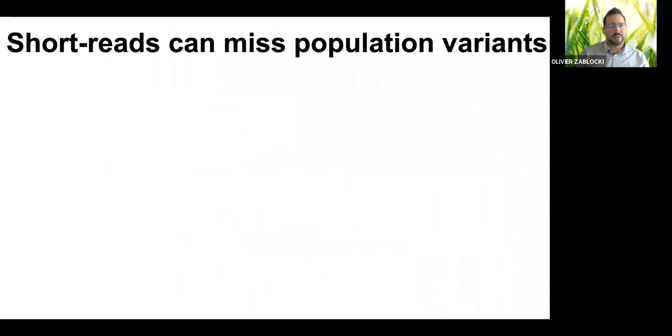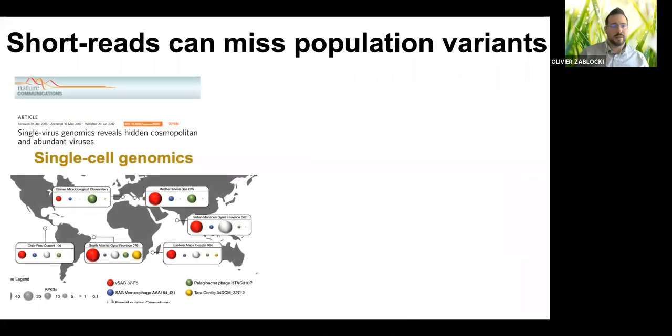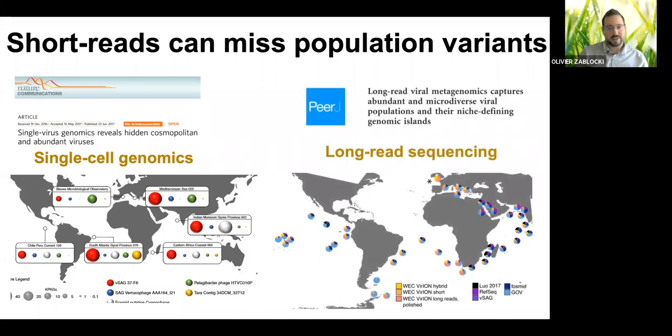And so what we found is that sometimes short read based assembly can miss some of these population variants. And this has been confirmed using single cell genomics, where they essentially isolated host cells and sequenced each individual cell, and saw that for the same virus, you had these variants that co-occurred, and they compared their results to a regular metagenomics effort, and they were less present.